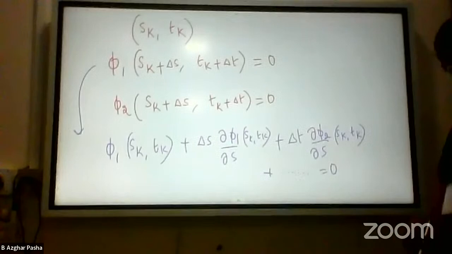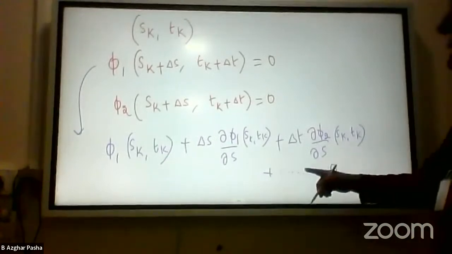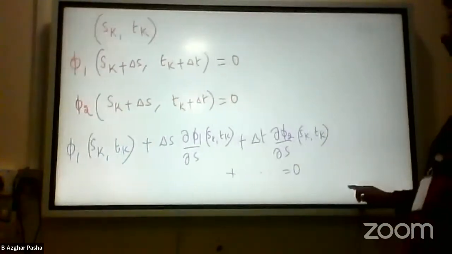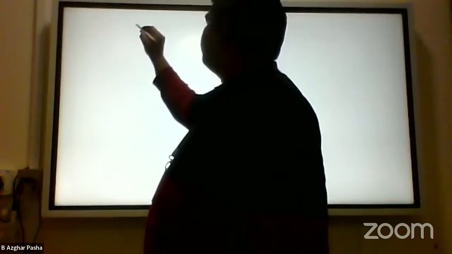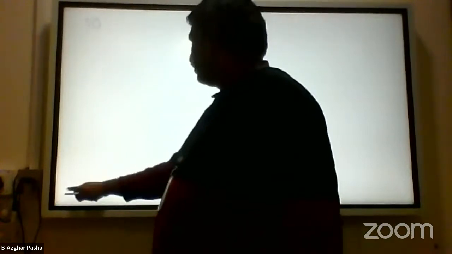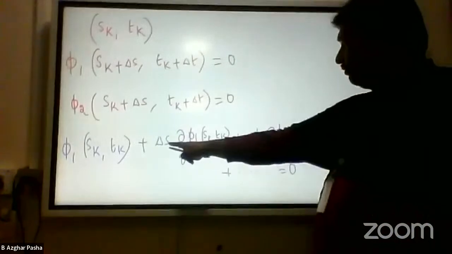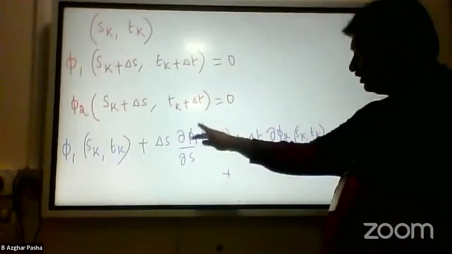This is the first equation. So from this equation, if we ignore the higher order terms, we get, delta S is unknown, delta T is unknown, this is known quantity.